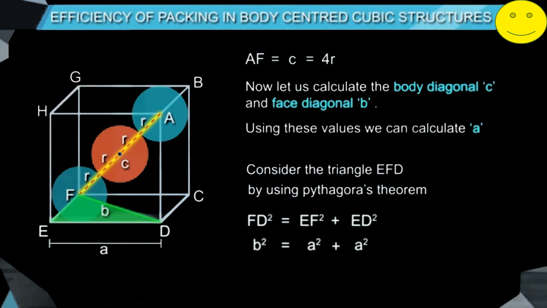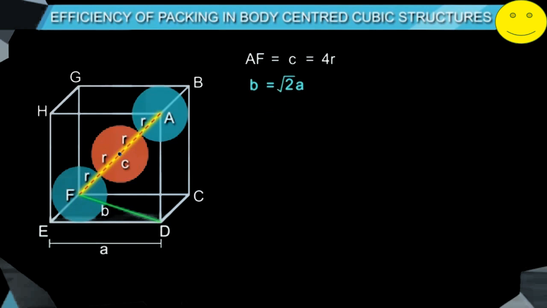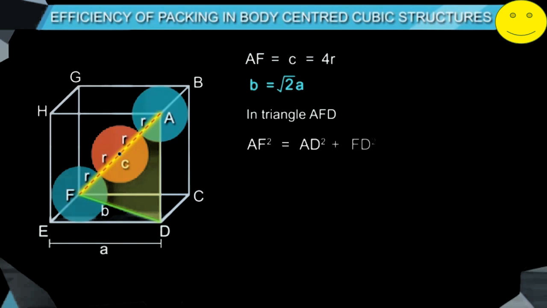By solving this, we will get 16 by 3 pi r cube upon 16 under root 2 r cube times 100, and that is equal to 74%. HCP or CCP has a packing efficiency of 74%. It means 74 part is covered by the unit cell and the rest, 100 minus 74 part, is the vacant space or a void.